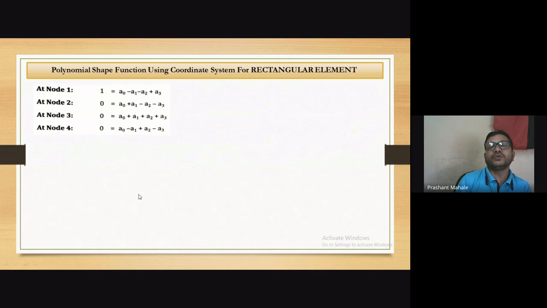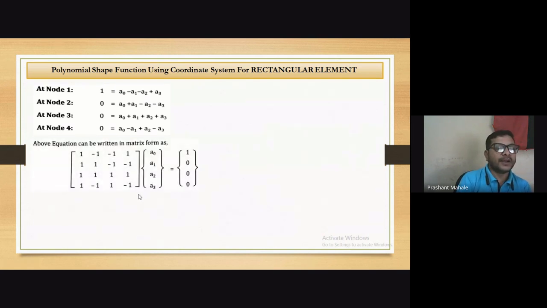So four equations, four unknowns. These four equations can be written in matrix form in this way. If this matrix is multiplied to this, you will come out with these equations. The first row multiplied to this column is equal to 1. So this will be the first result, and so on.